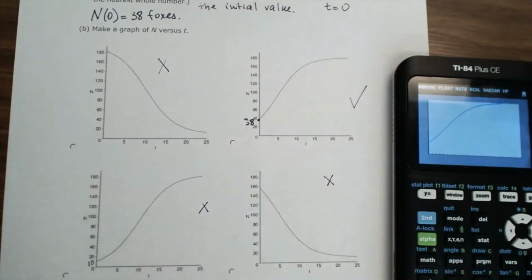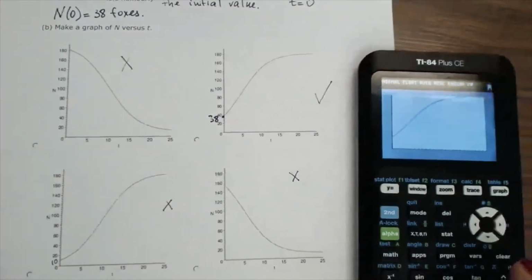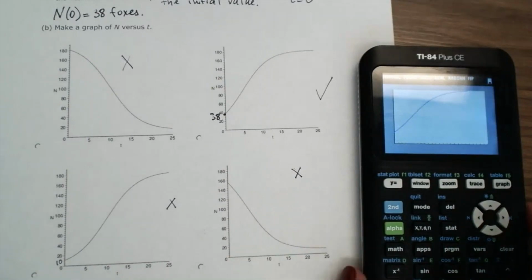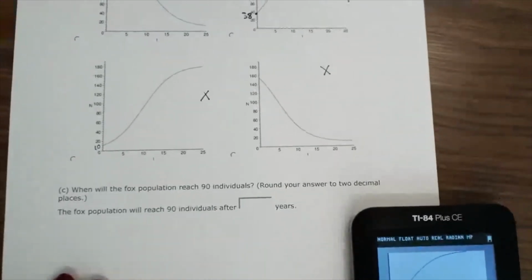So to answer this question, you have to know how to graph a function on your calculator and use your analytical and logical thinking to choose the correct answer. And the last question for this problem is, when will the fox population reach 90 individuals?